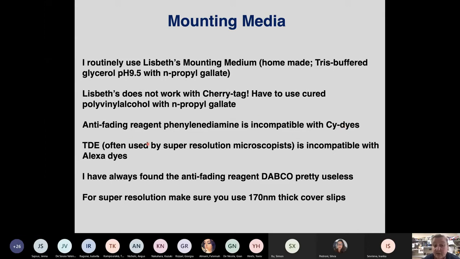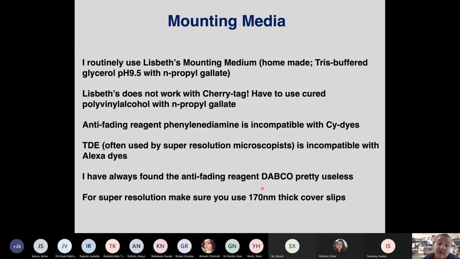TDE is a mounting medium that's often used by super resolution microscopists, which is unfortunately incompatible with Alexa dyes. I'm not a believer in DABCO, so it doesn't matter whether you put it in or you leave it out. In my experience, it's pretty useless, but well, maybe it's just me.